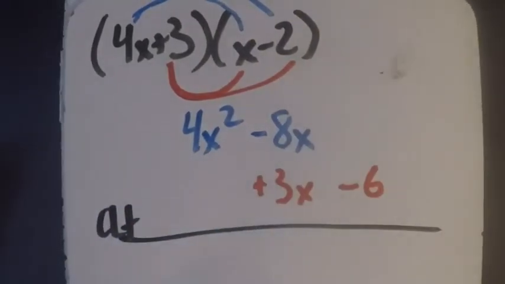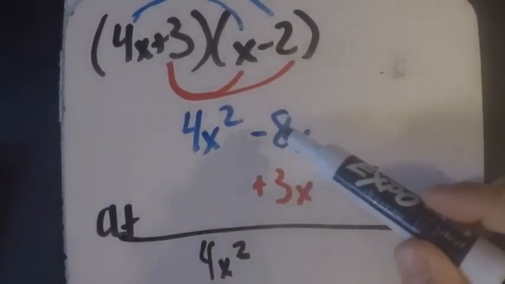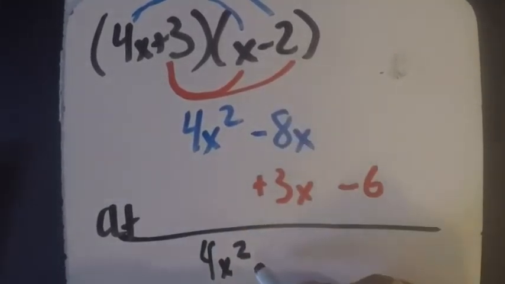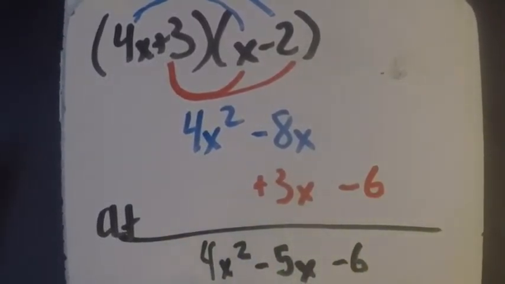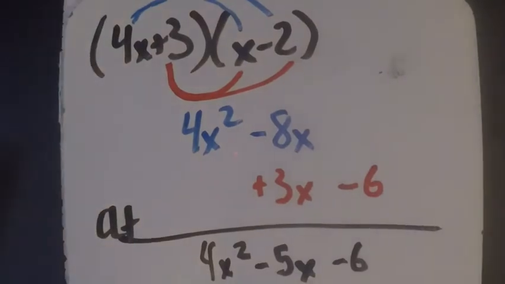So nothing matches up with the x squareds there, so we have 4x squared, negative 8x plus 3x, negative 5x, and then negative 6. Nothing to combine there, so just negative 6. So both ways are absolutely fine. They get you the same answer. Just wanted to remind you about the one that we did in class here.